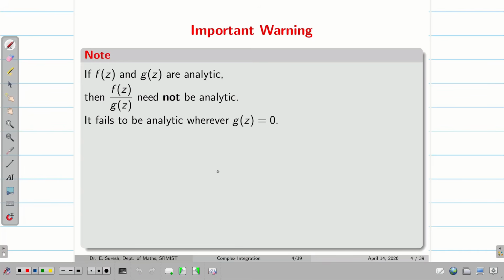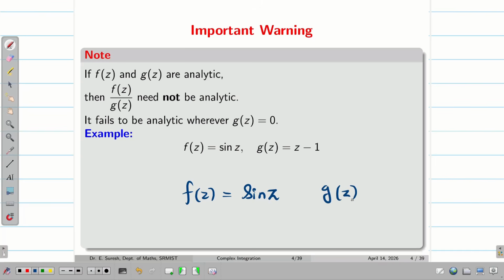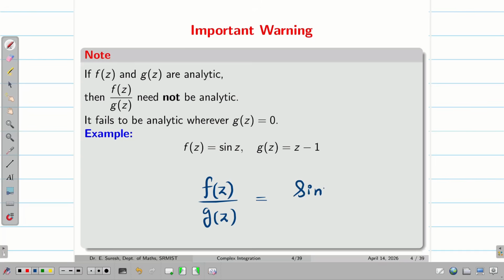The reason: if my denominator g of z becomes 0 at a particular point, then f of z by g of z is not analytic there. Example, if I take f of z equal to sin z and g of z equal to z minus 1. We know that sin z is analytic, and z minus 1 is analytic. But if you take f of z divided by g of z, we have sin z divided by z minus 1.